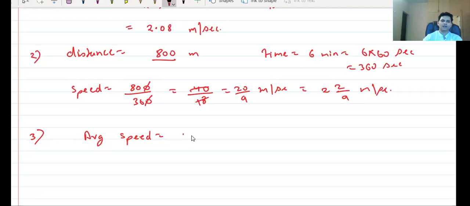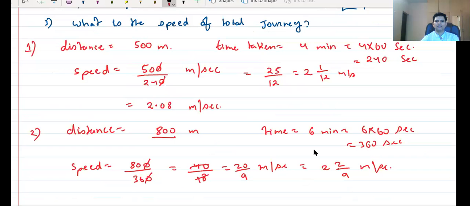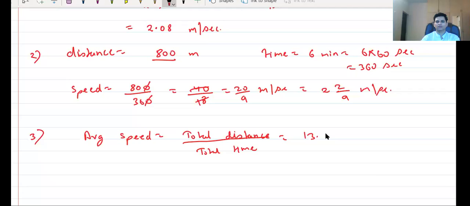The formula is total distance by total time. What is the total distance? A to C plus C to B. So 500 plus 800 will be 1300. Total distance is 1300 divided by total time.